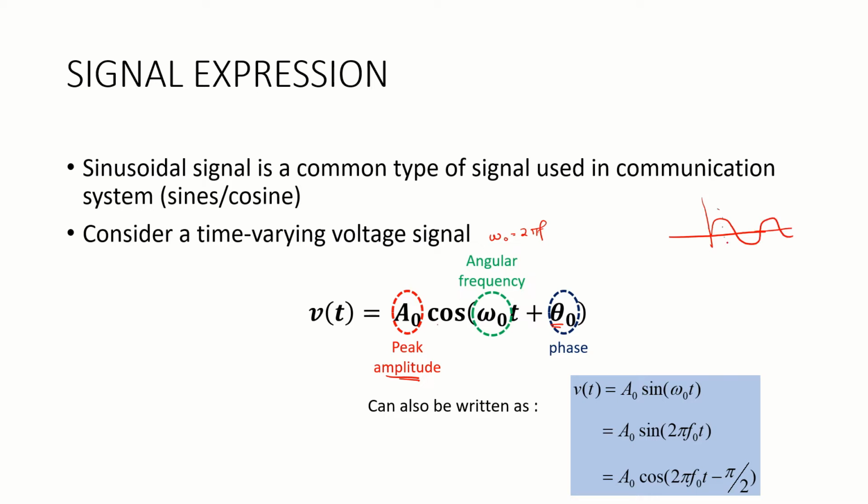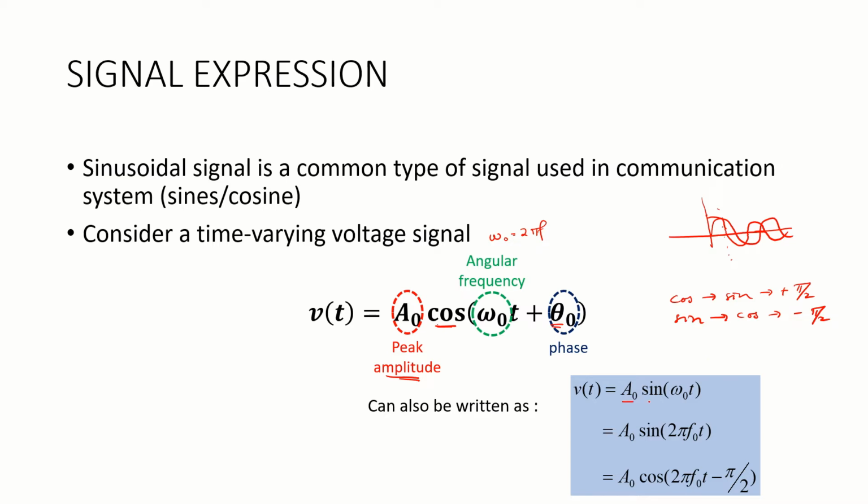If we delay the sine signal by pi over 2, we can have the cos signal. So you can always transform one into the other. If you want to change cos into sine, you have to plus pi over 2. If you want to change sine into cos, you have to minus pi over 2.